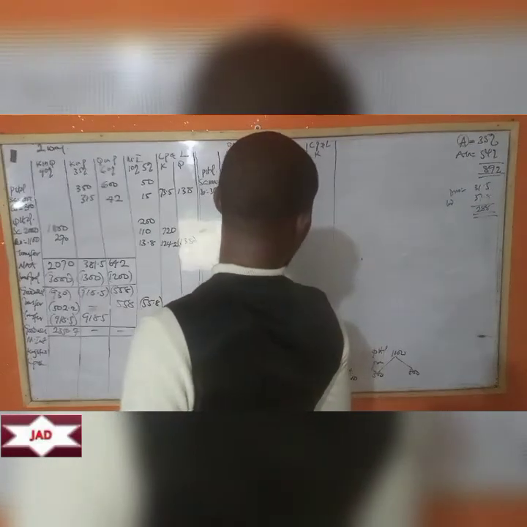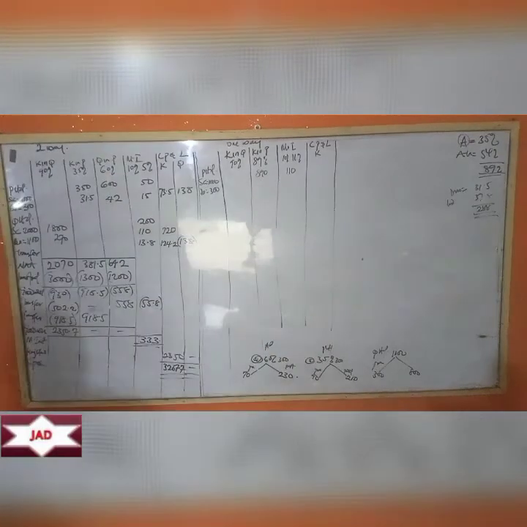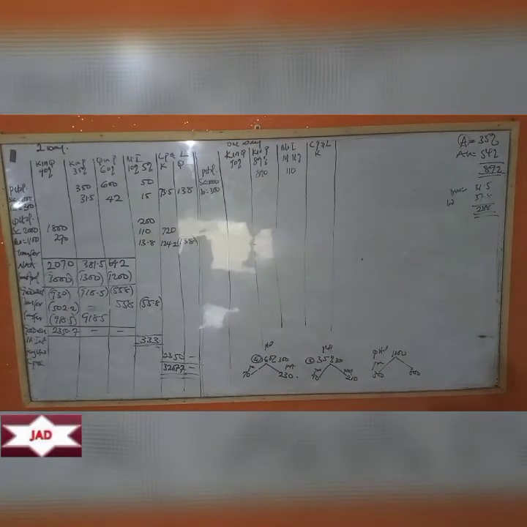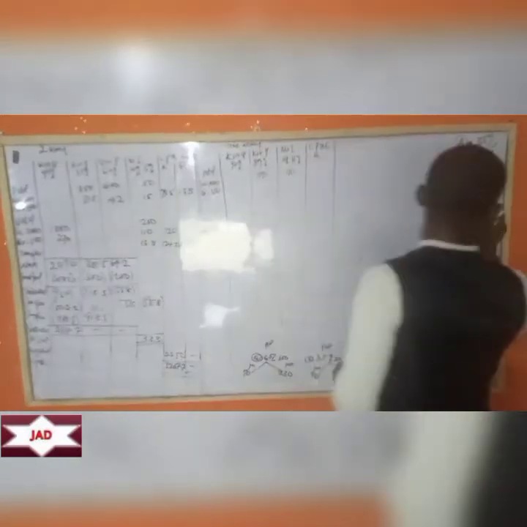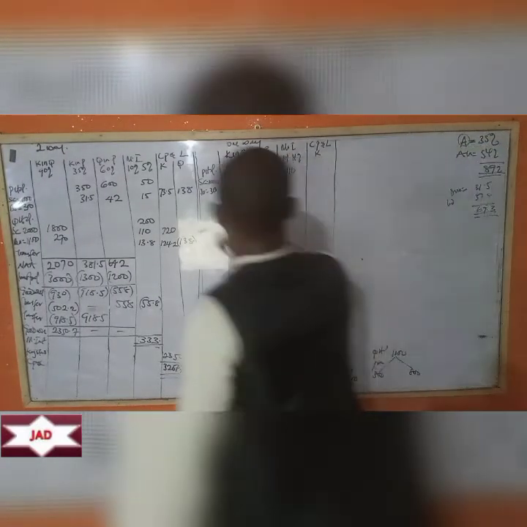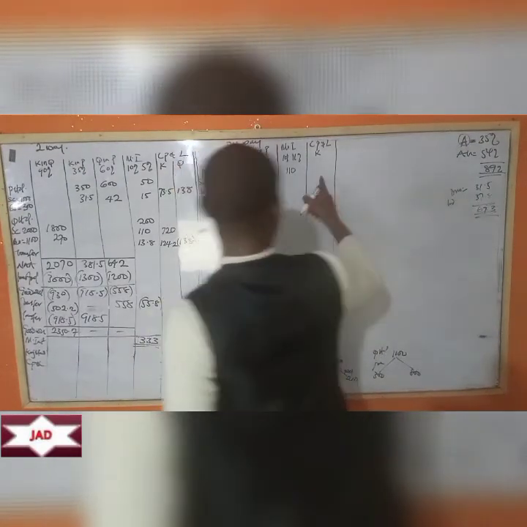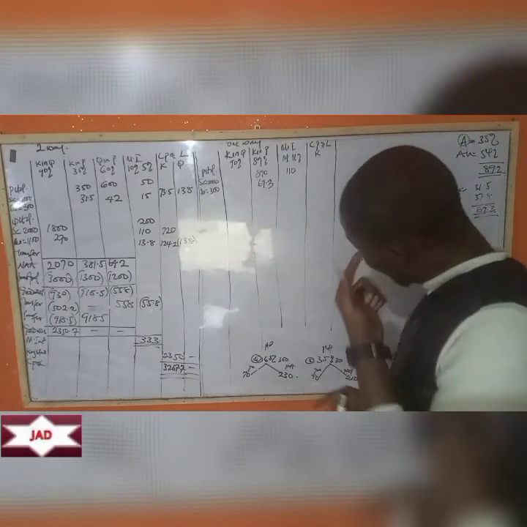Let's be careful. 31.5 plus 37.8. That's 69.3. Sorry. It is 69.3. So we have 69.3.